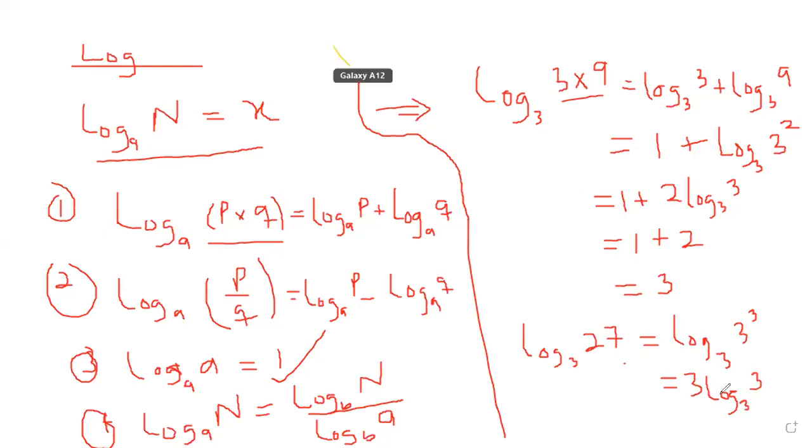Now log 3 to the base 3 is 1, so 3. So these are two ways in which we can get our answer. But for the verification of the rules, I prefer we use what? These steps.